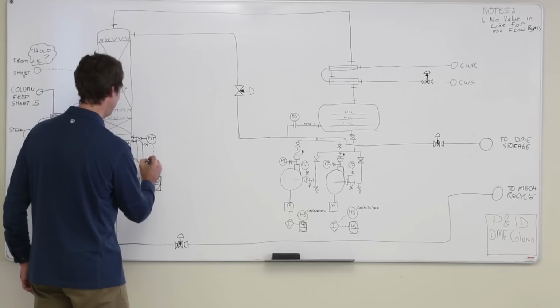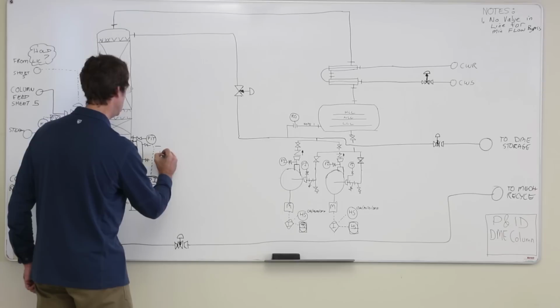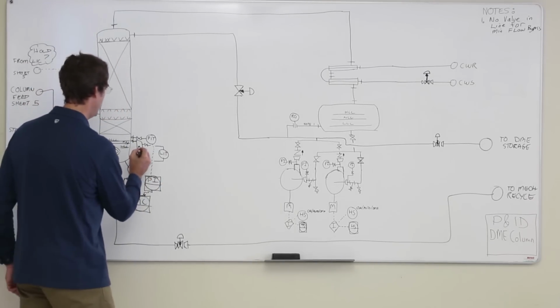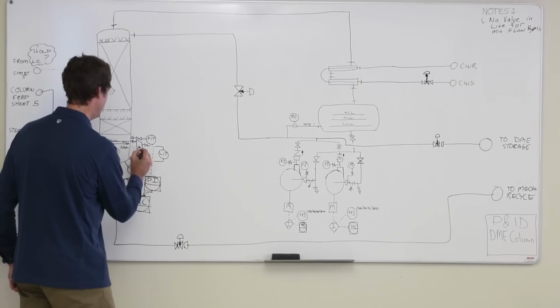It's going to be less or more slowly affected by the swell from the reboiler. There's our level transmitter. So our low liquid level is there, normal liquid level, high liquid level.